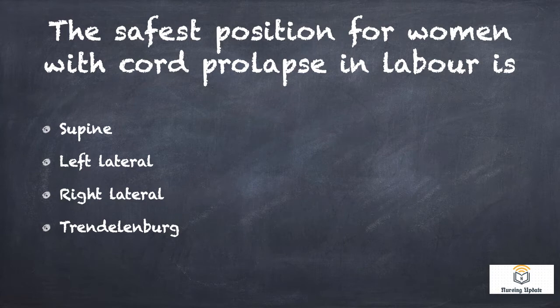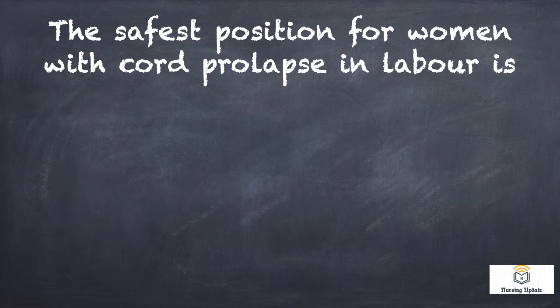You are in a labor room, and some woman is undergoing a PV examination. At that time you notice that the cord is coming as the presenting part. What will you do? You keep that woman in one of these positions: option A supine, option B left lateral, option C right lateral, option D Trendelenburg.